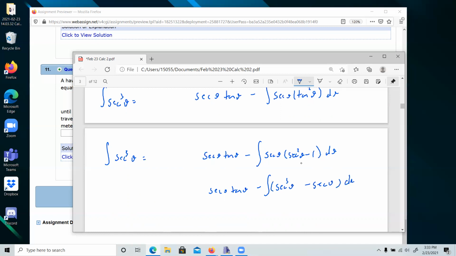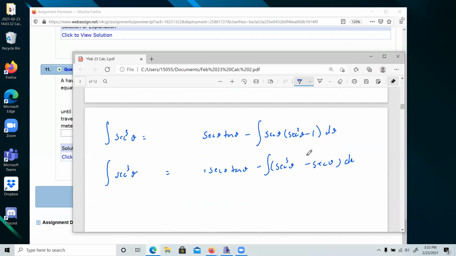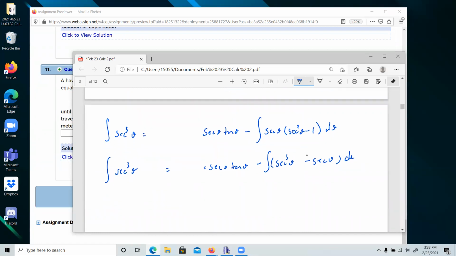I'd almost not be happy, except that the left-hand side is secant cubed, because this does not look pleasant, does it? So let's just break this apart. We have secant theta tangent theta minus the integral of secant cubed theta, or rather plus the integral of secant theta, d theta.